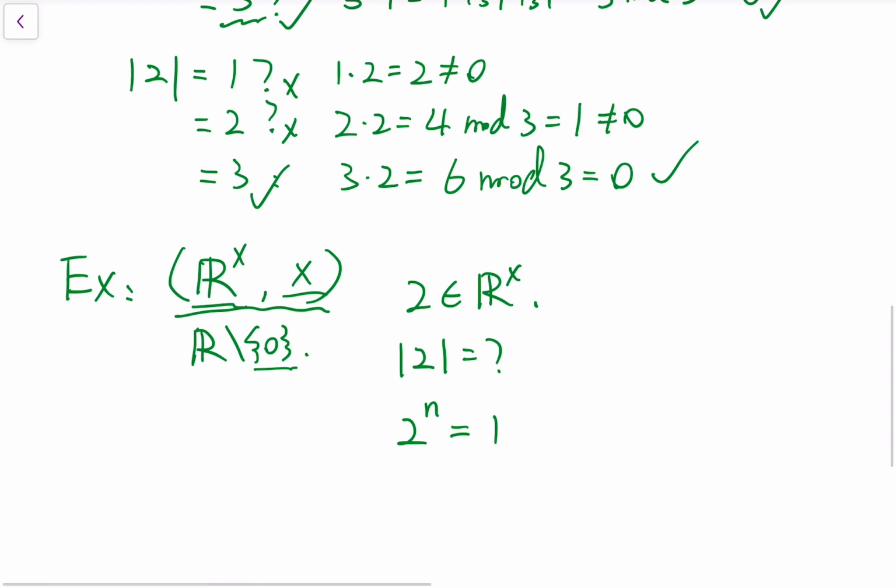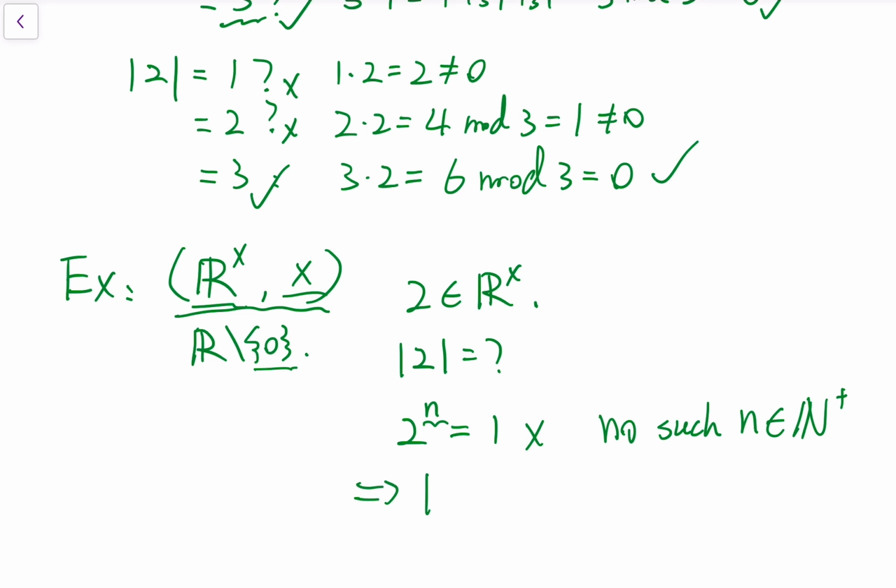But in real numbers, you don't have any positive integer power of 2 equal to 1. So this is never true for any positive integer n. So no such n exists in the positive integers. In this case, we say the order of 2 is infinity.